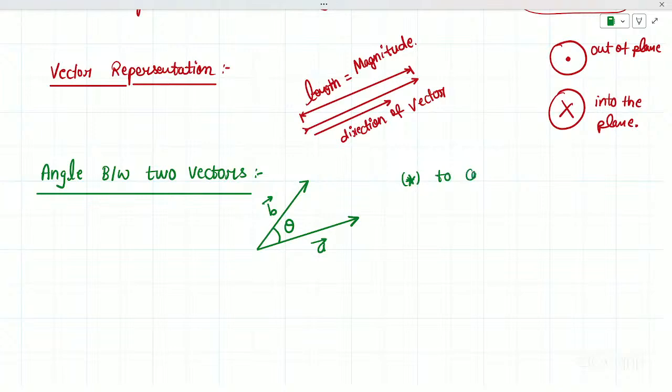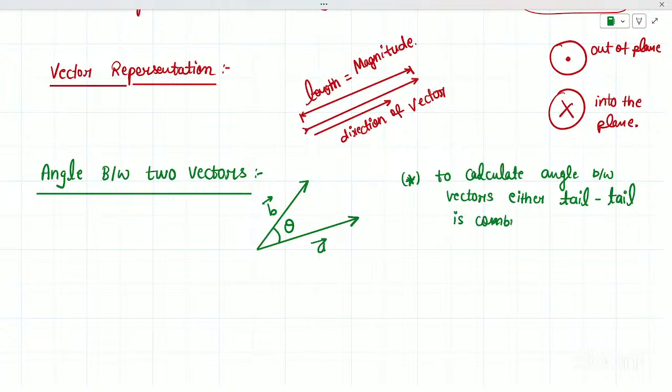To calculate the angle between vectors, either the tail is combined, or the head is combined.